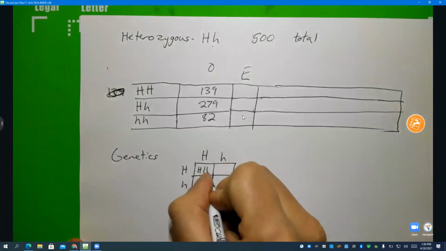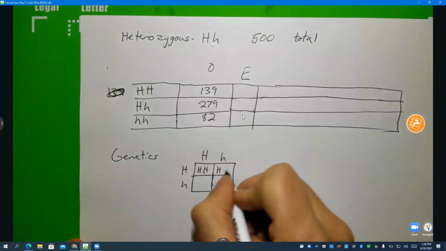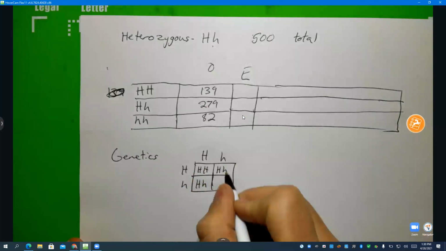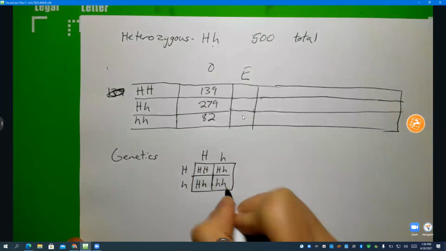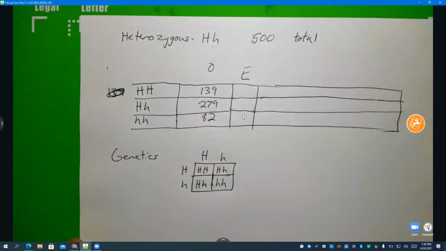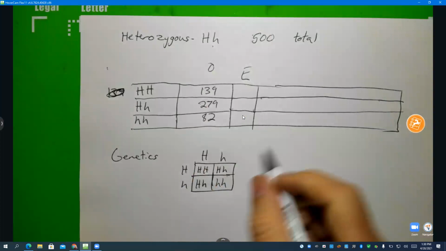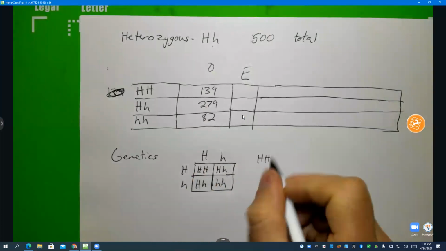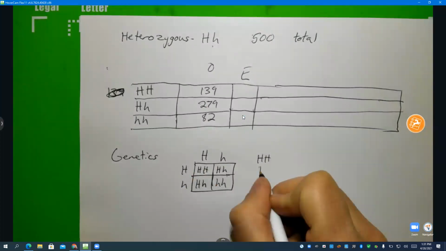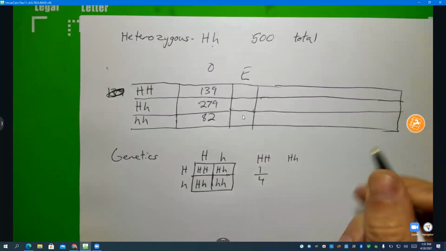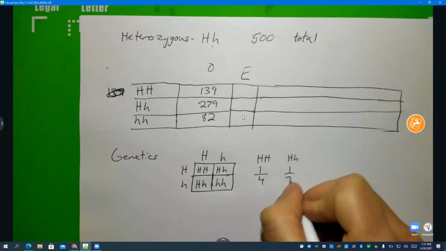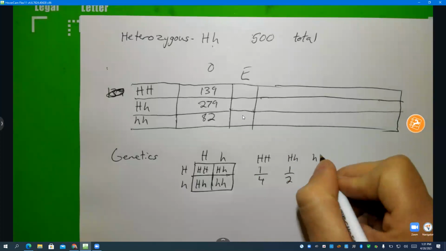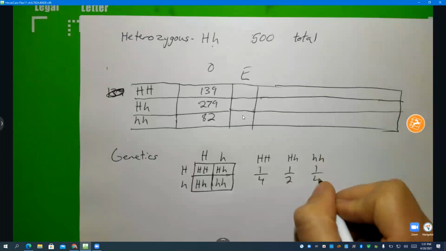That means we're going to get homozygous dominant, heterozygous, and homozygous recessive, which is for big H, 1/4 of them. For heterozygous, we should expect half of them. And for homozygous recessive, we should expect 1/4 of them.